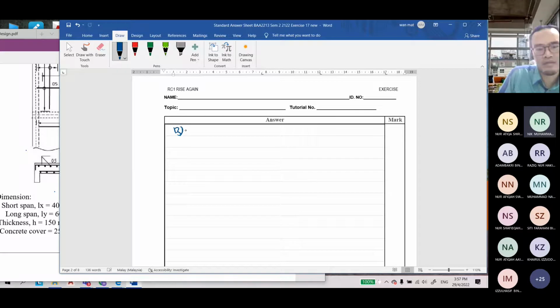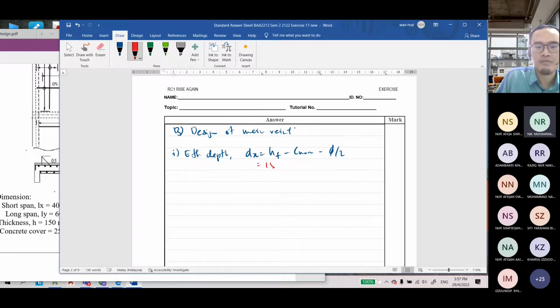So this one is the design of main reinforcement. Number one, we have to determine the effective depth as usual. dx is equal to hf minus c nominal, as I explained in the last sessions.